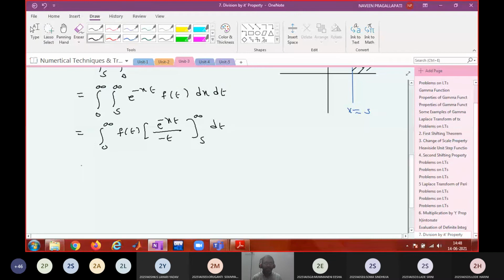What is the lower limit? This is 0 to infinity. So f of t into upper limit will be 0 if you assume x is positive, minus, or rather plus, e power minus st by t dt.